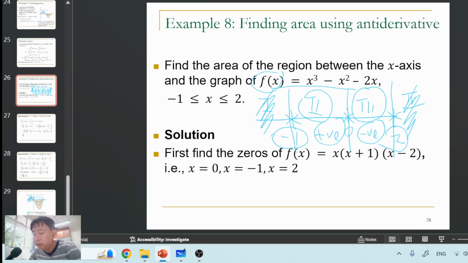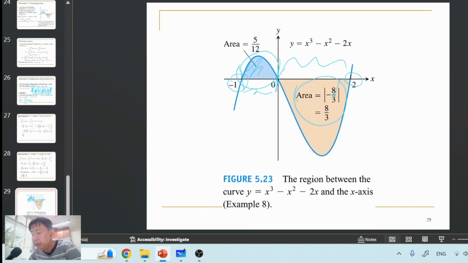Therefore, to calculate the total area of the function, you separate the area into the integrations from -1 to 0. This represents the area where the function is positive.